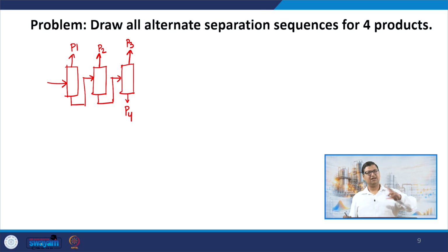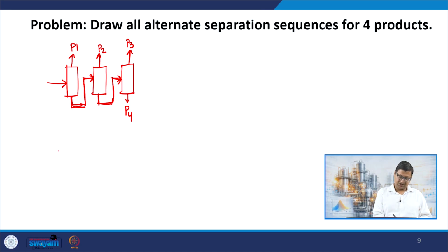And now P3 and P4 I can interchange, that doesn't matter. But what is important is that this feed is coming from the bottom. These feeds to the second and third column come from the bottom stream of the first and second column here, right?